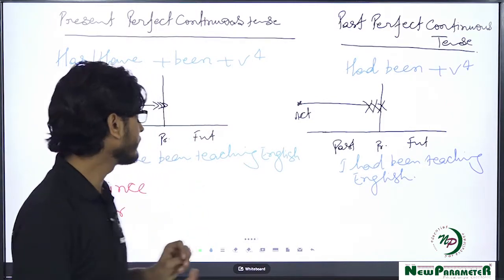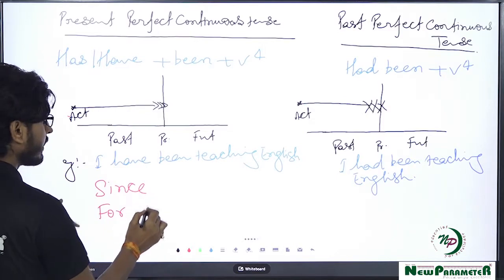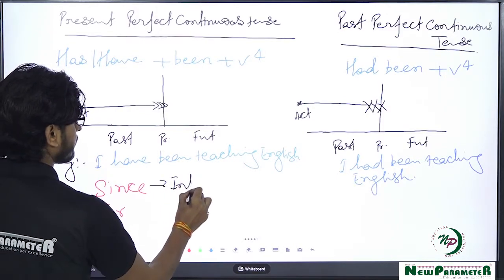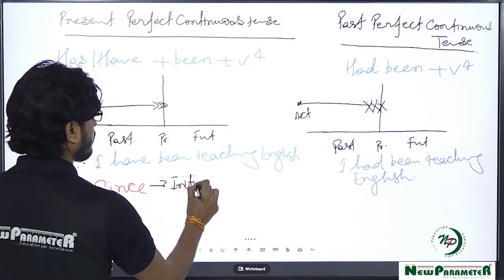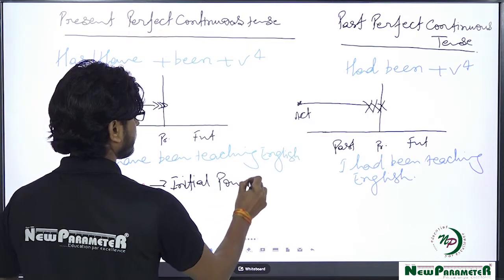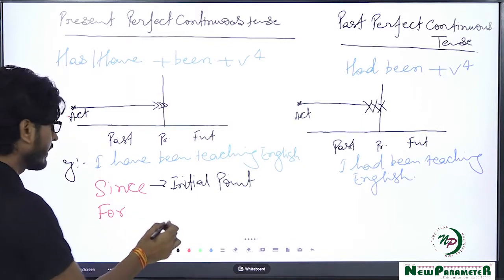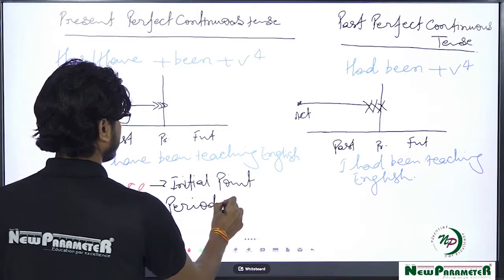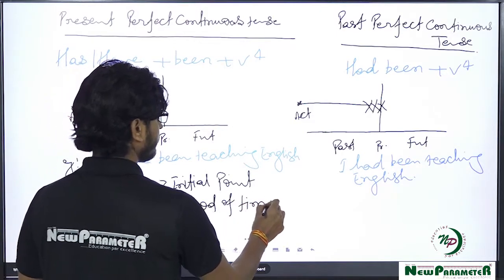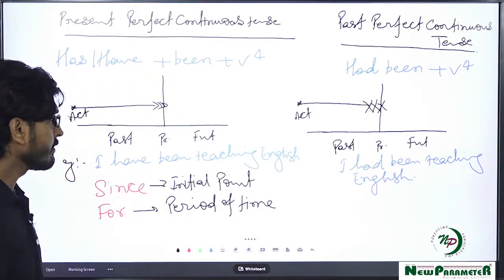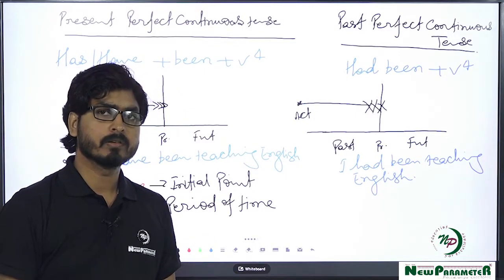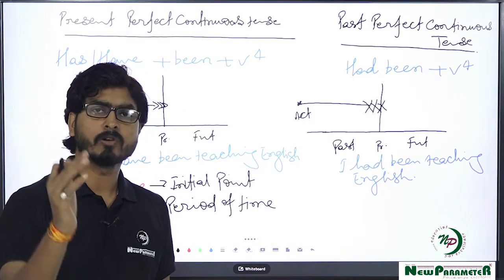Two times are there. So for showing initial point, we go for since, and for showing period of time, we go for for.